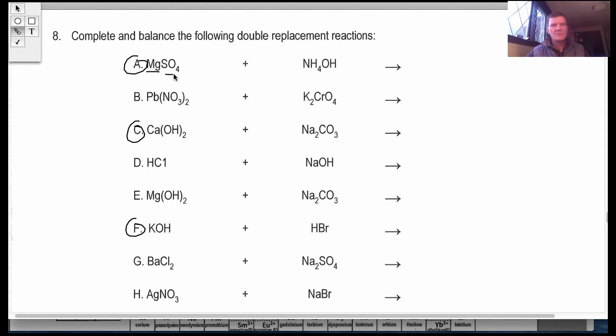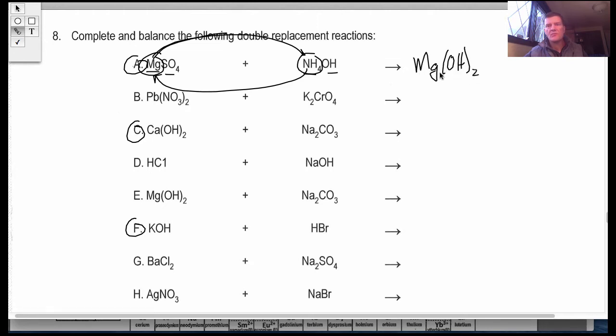So magnesium sulfate and ammonium hydroxide, the cations are going to switch places. The first part of each of these compounds are going to switch places here. So we're going to make magnesium hydroxide. Well, magnesium is a +2, so we're going to need 2 hydroxides, which is a -1. That's the correct formula for magnesium hydroxide.